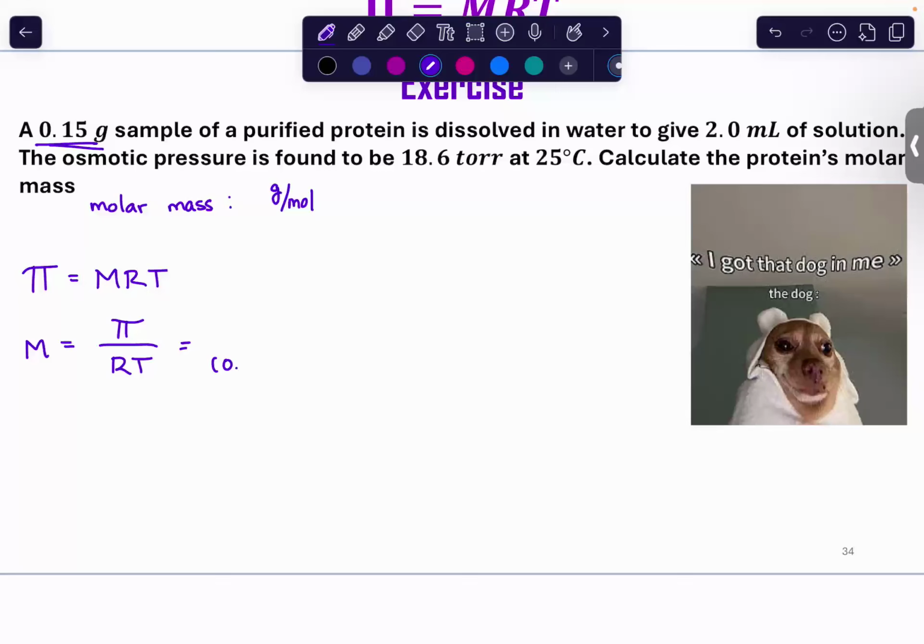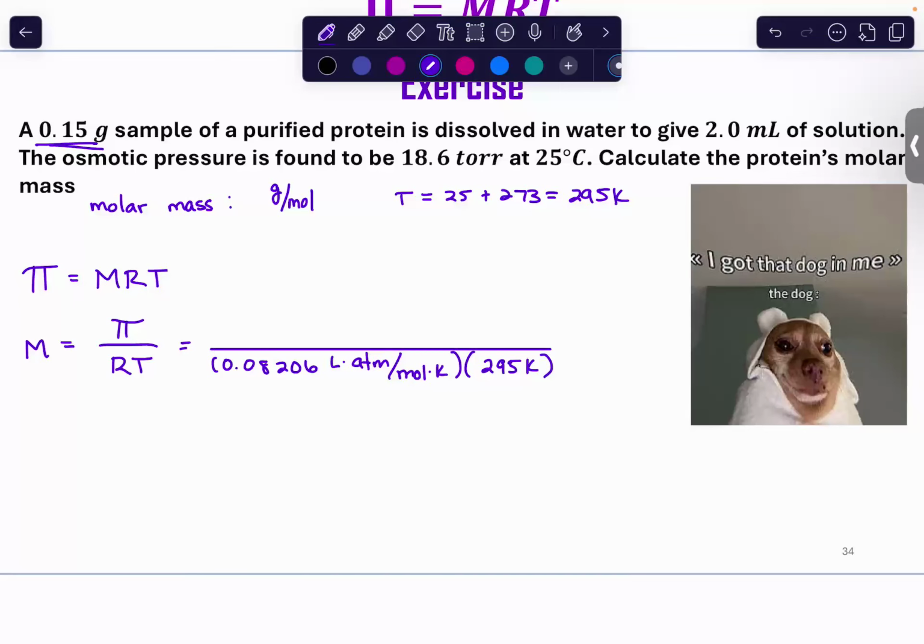Okay, so we're back to this gas constant. The temperature. So 15 atmospheres for your osmotic pressure.